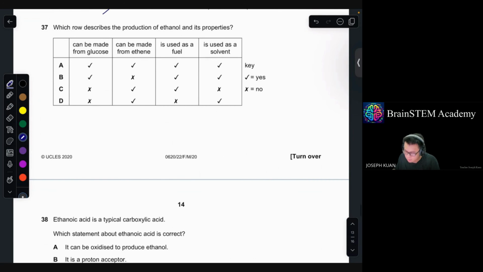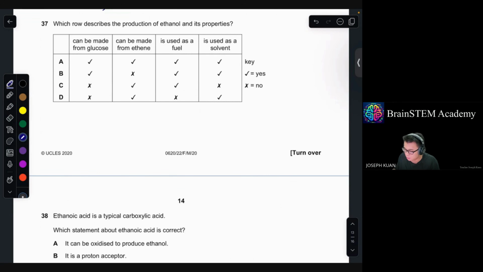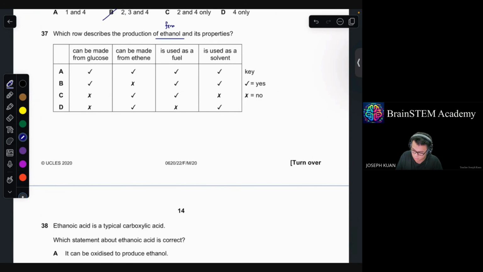Moving on to question 37. Which row describes the production of ethanol and its properties? Ethanol is the result of fermentation, if you're using a biological method, or you can use a chemical method, which is known as hydration of ethene.